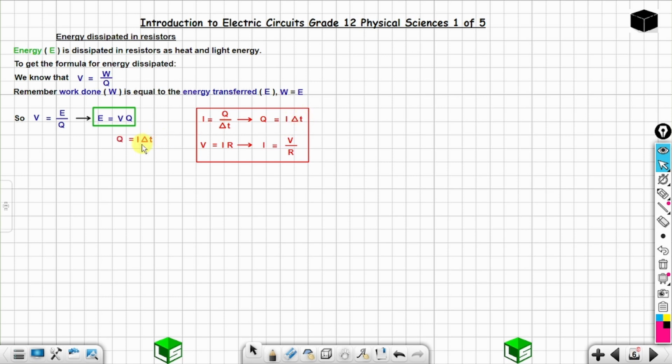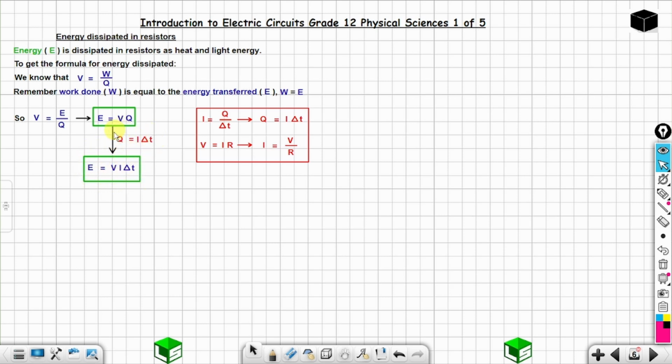If you substitute this into this formula, you are going to have the energy transferred is equal to V times current times change in time. You substitute Q with current times change in time. So you have this formula.